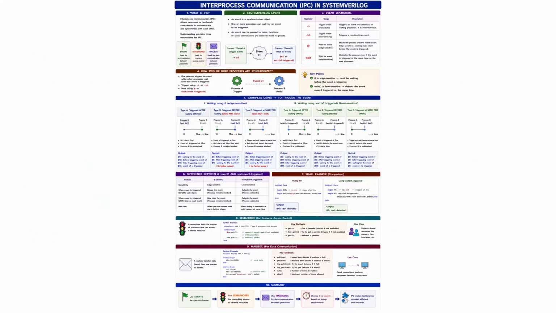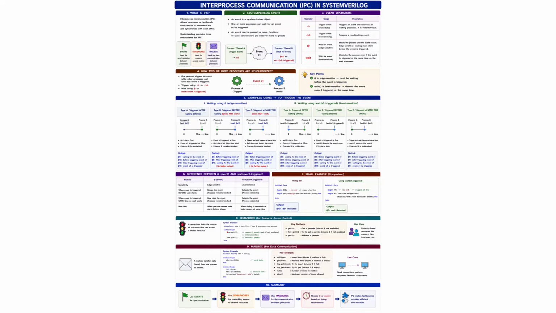Next, interprocess communication, IPC. What is the use of that? We have different things related to interprocess communication, like events and semaphores.